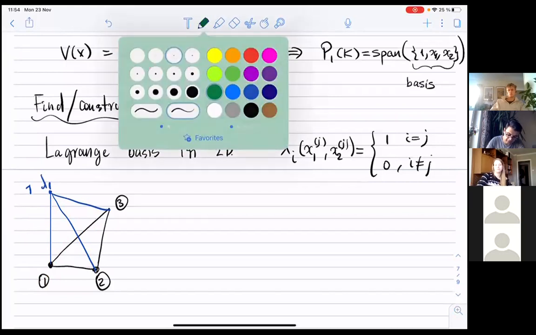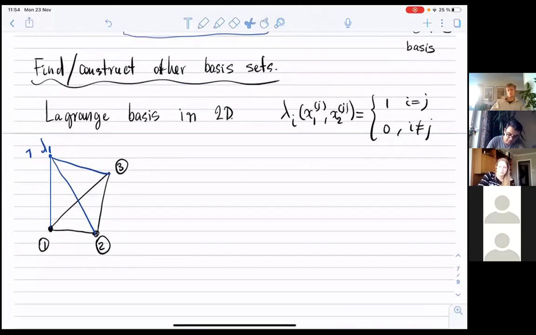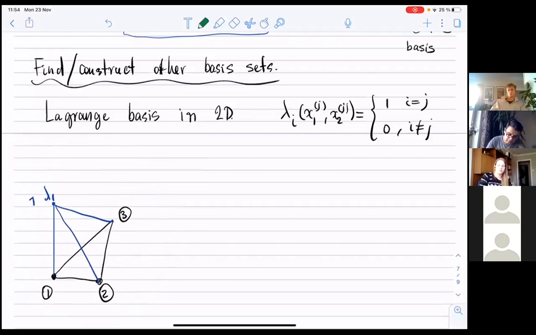And if you do the same for lambda 3, for example, here, I need to make a bit of space. So here again, this is equal to 1 somewhere there, and then 0 here, 0 there. So this is lambda 3.